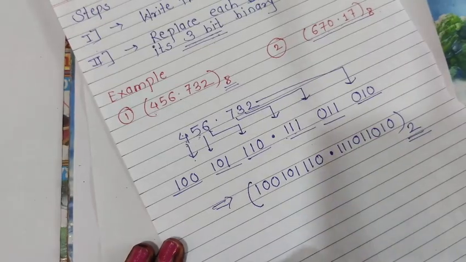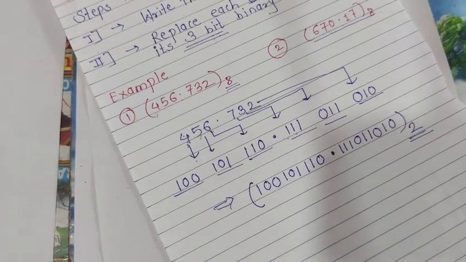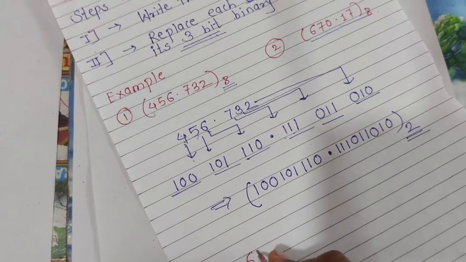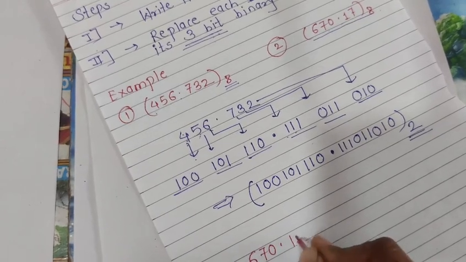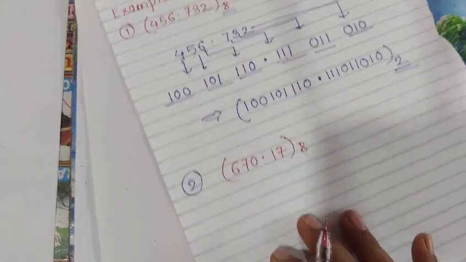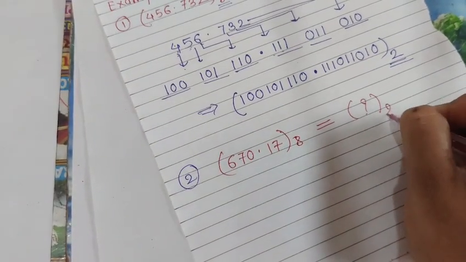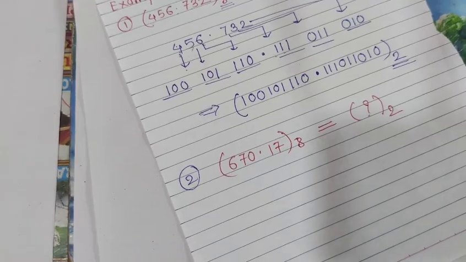So what is our next example? 670.17. This is in octal form. We convert it into binary form. So the base is 2. What is our first step?